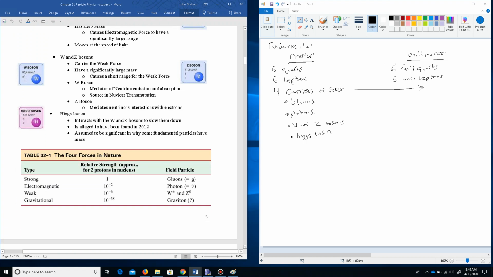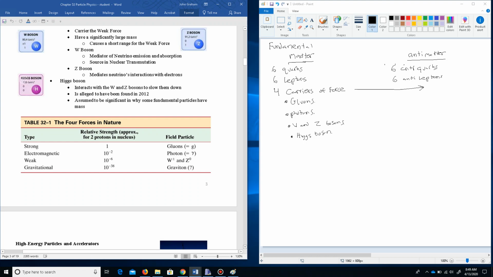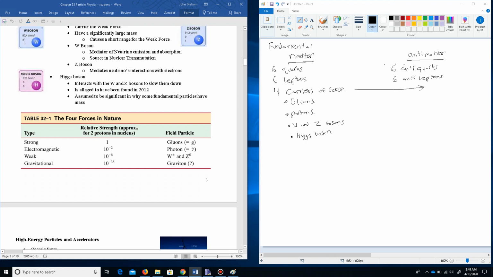Right, so we have four forces of nature. Strong, we have gluons. Electromagnetic, we have photons. Weak, we have both the W and the Z boson. And then the gravitational force, we still don't have a field particle for that.